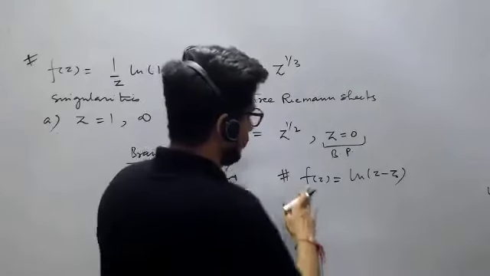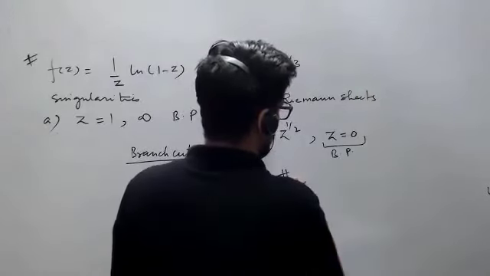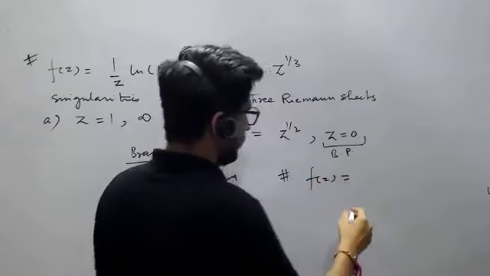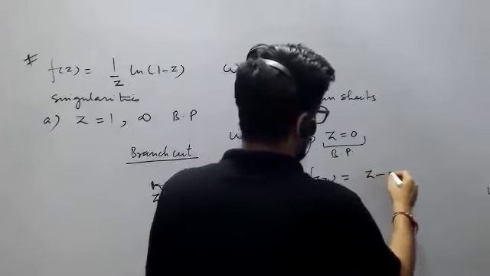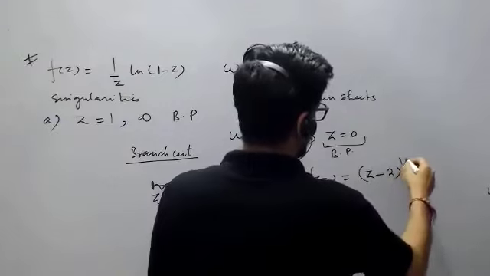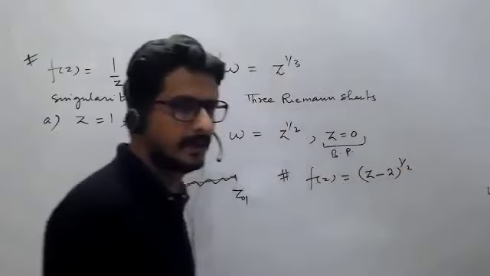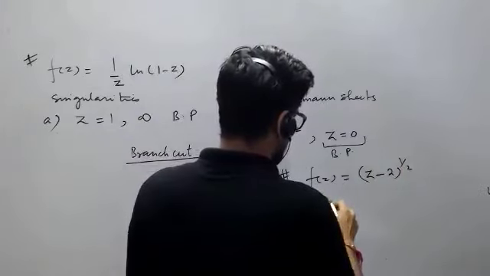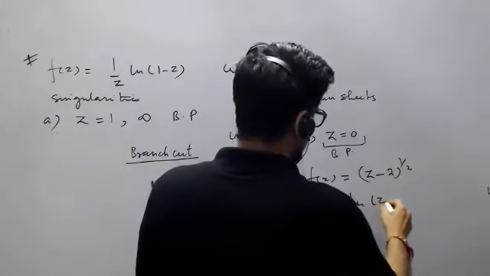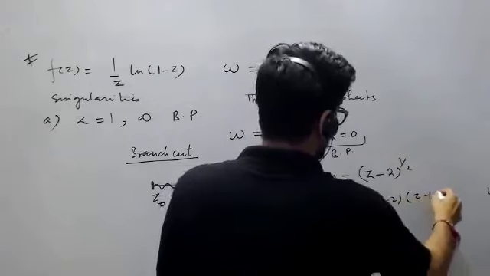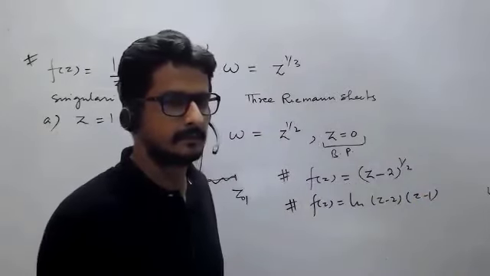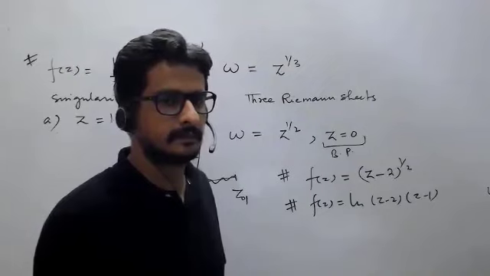We had this example, (z minus 2) to the power half. Suppose this may be an example, and then I took the example ln of (z minus 2)(z minus 1), something like this. No sir, z minus 2 to the power half. No sir, log, I don't know.